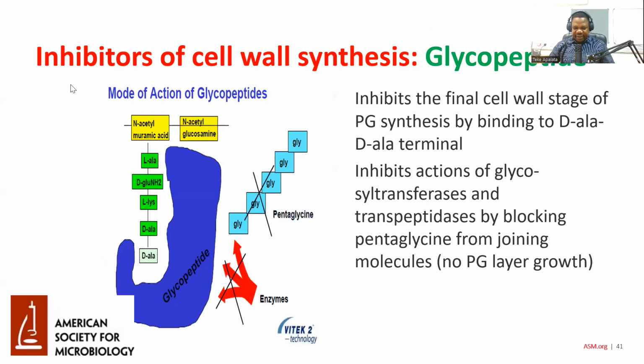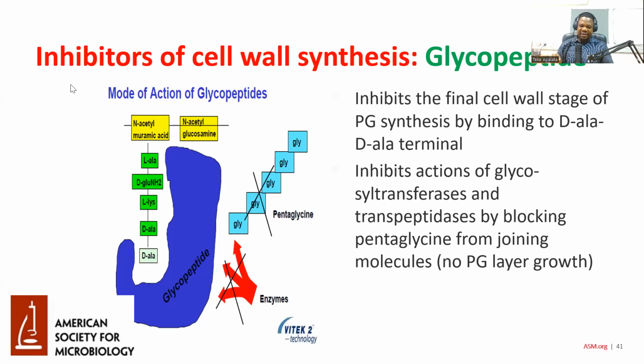Okay, so besides the beta-lactams, the inhibitors of cell wall synthesis also include the glycopeptides. The glycopeptides inhibit the final stage of peptidoglycan synthesis by binding to the D-ala terminal. So when the peptidoglycan is being synthesized and reaches its final stage, that's where the glycopeptide acts.